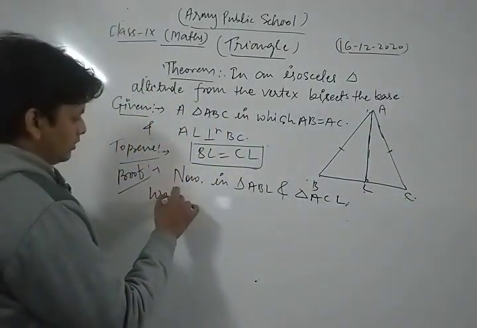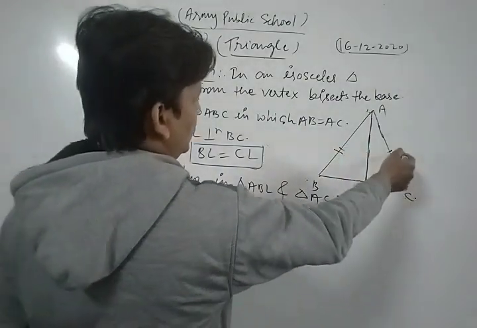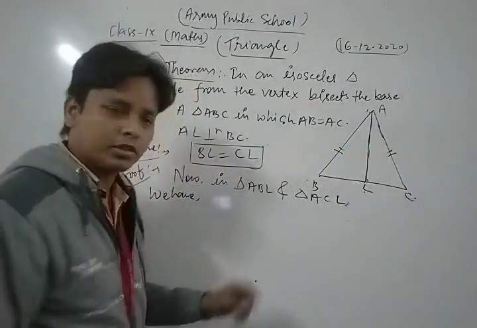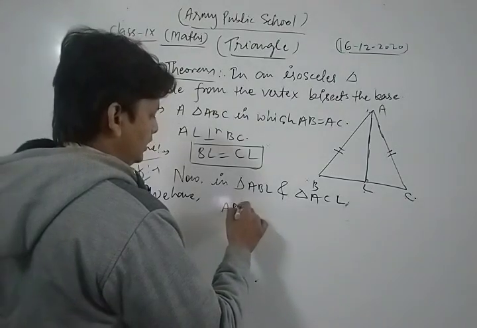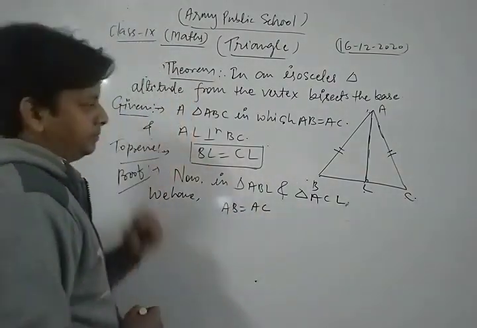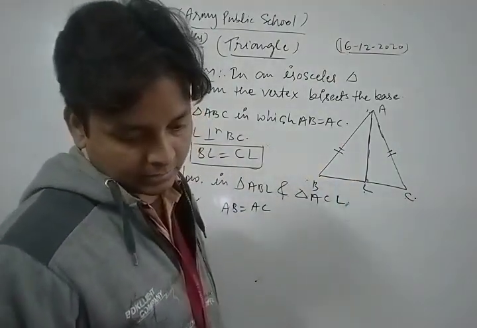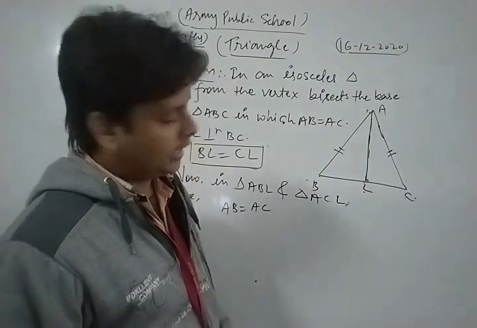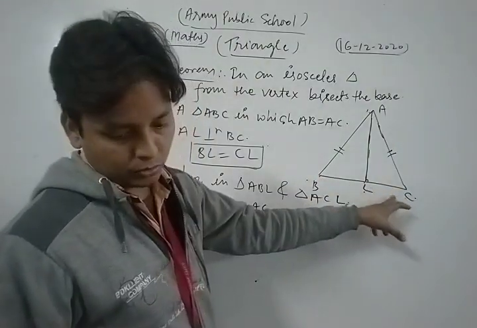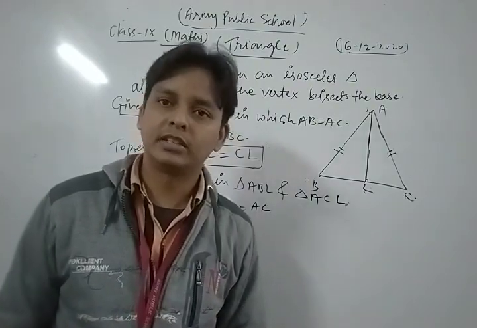We have AB is equal to AC, which is given in our question. AB is equal to AC, okay, dear students. And angle B is equal to angle C, because, you know, angles opposite to equal sides are equal.